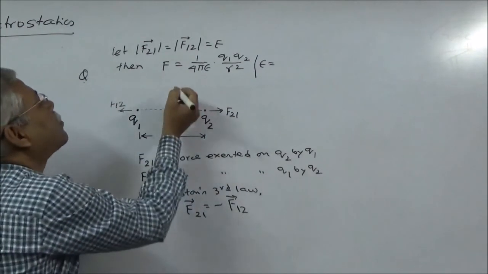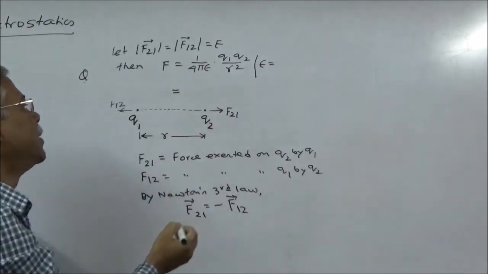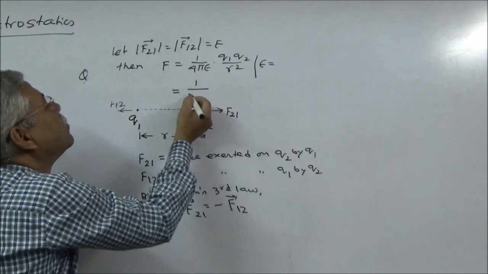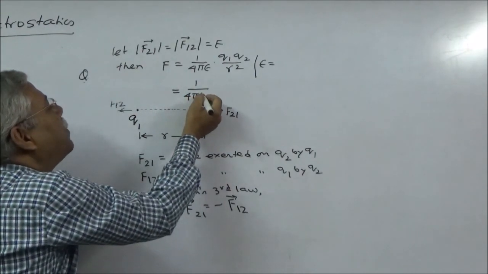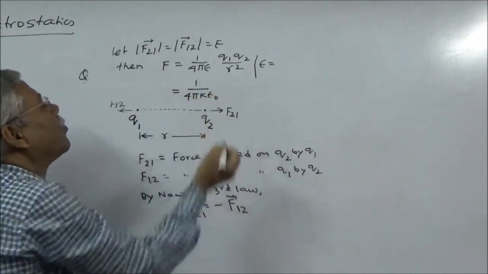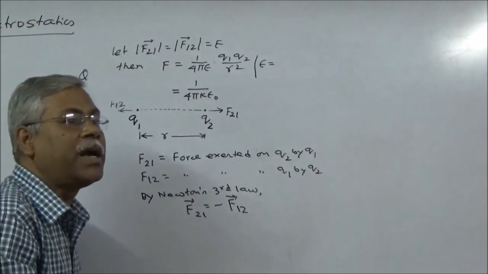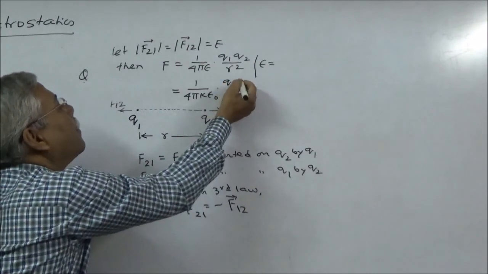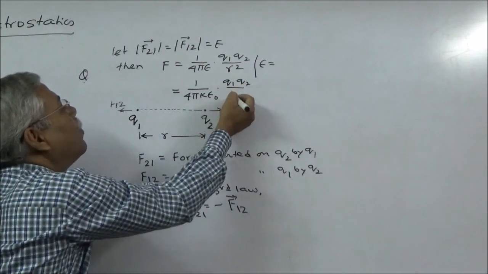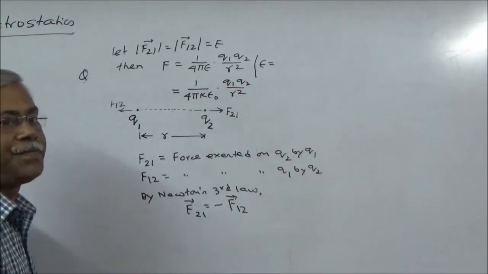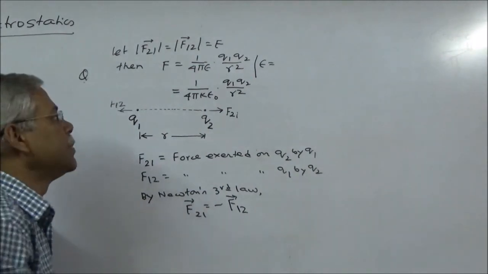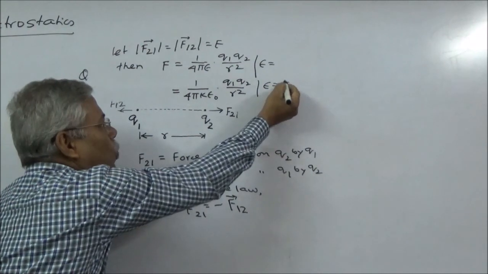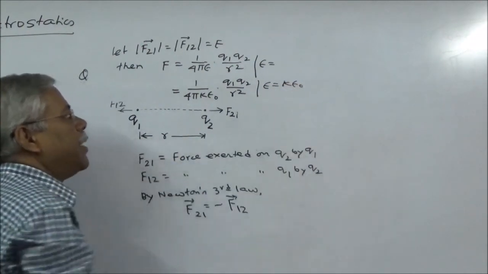This is equal to 1 by 4 pi k epsilon naught into Q1 Q2 by r square, where epsilon equals k into epsilon naught.